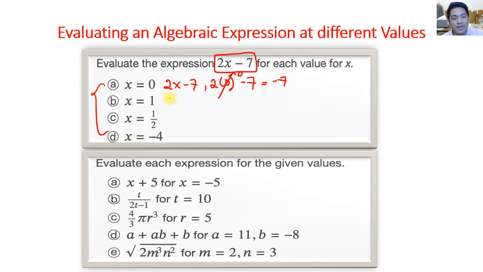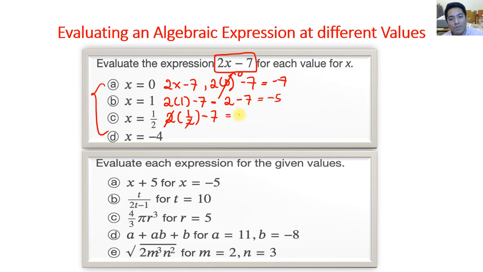For letter B, we have 2 times 1 minus 7. Okay, that would be 2 minus 7, which is negative 5. For example, we have x equals 1 half. We have 2 times 1 half minus 7. 2 times 1 half, the 2s will cancel.